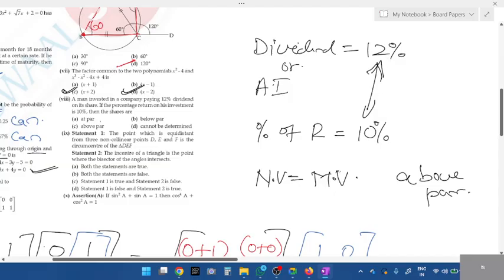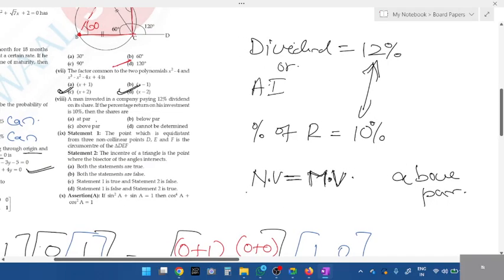When will you get more returns, students? If the market value is increasing or decreasing? Example, you bought a share for rupees 10 and in the market, this 10 rupee share is going for 12 rupees. Is it increasing or decreasing? Increasing. How much is the increase? Rupees 2.